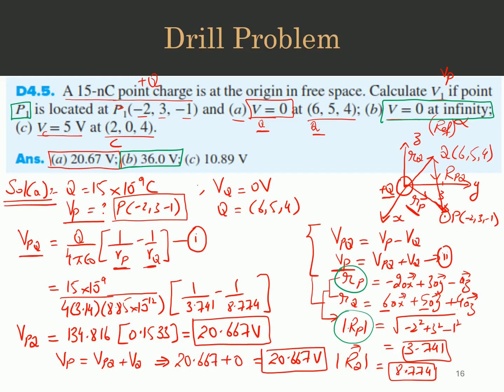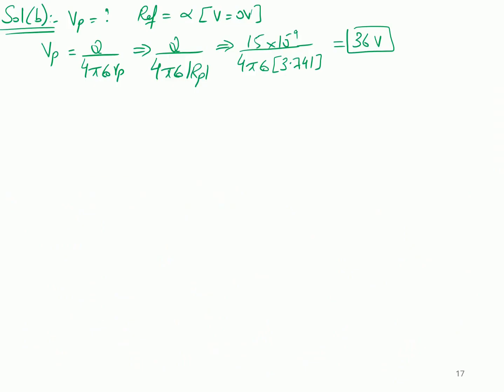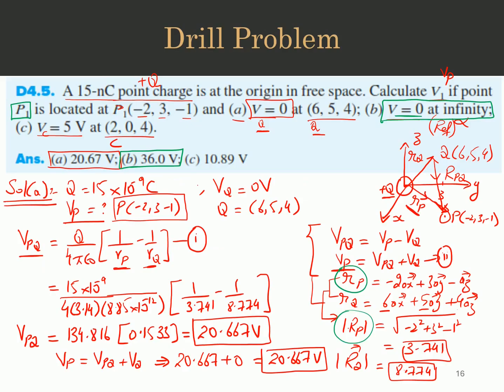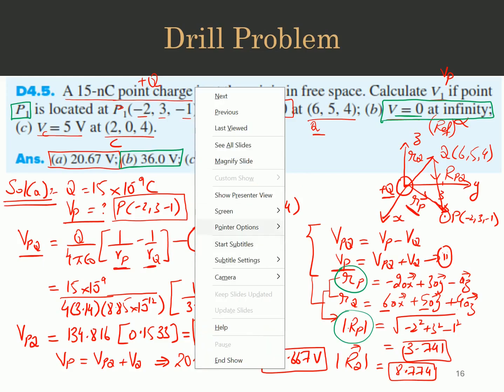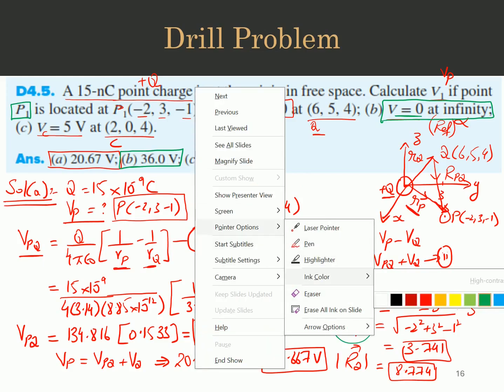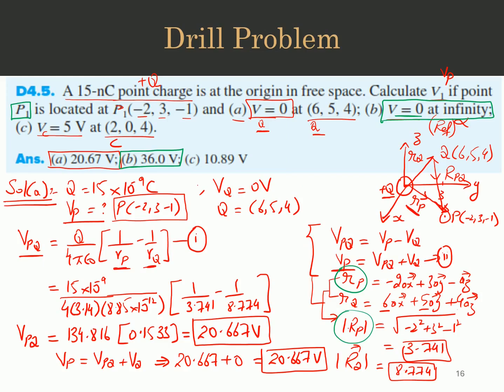Again, the thing to remember is whenever the reference is at infinity and the value of potential is 0 at that point, we are just going to use this equation to get the value of the required potential. Now let us come to the third part. In the third part, we have been asked to find the same potential at P, but this time the voltage value is given as 5 volts and it is located at 204.